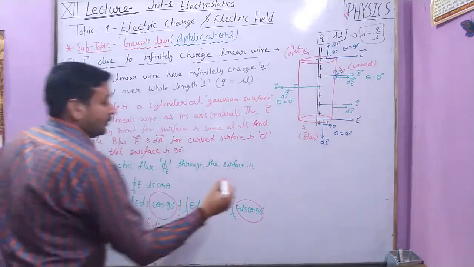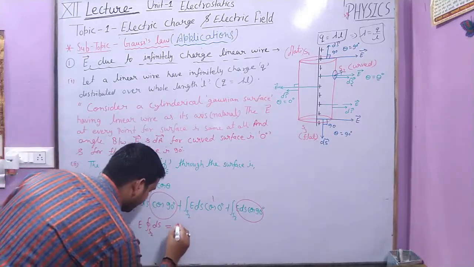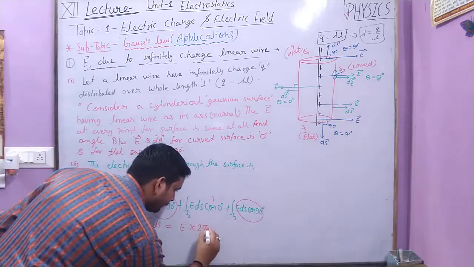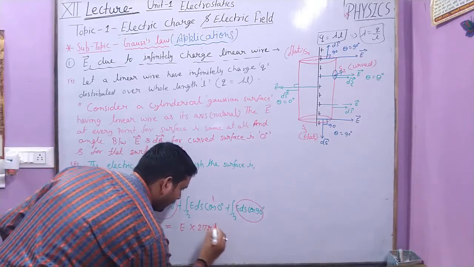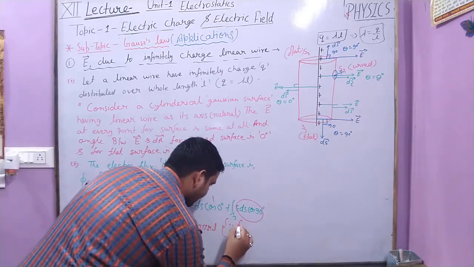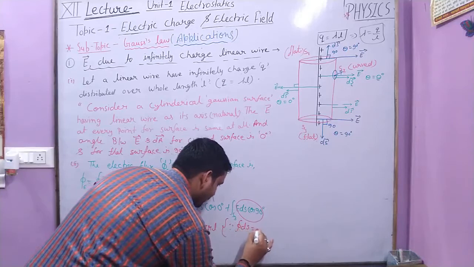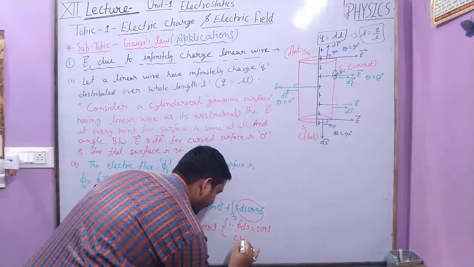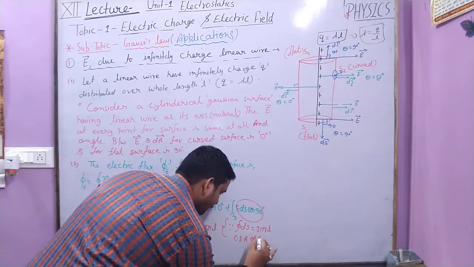So here we use E into 2 pi RL, where surface integral ds is equal to 2 pi RL, the CSA of the cylinder.